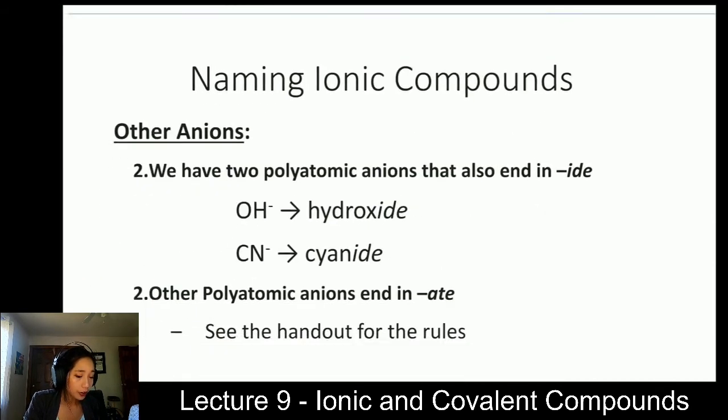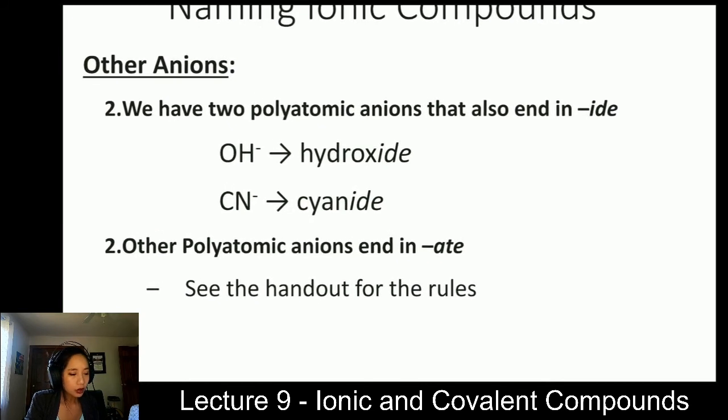There are some other anions that don't really follow this rule, and that's just with the polyatomic anions. There's only 2 that you need to know. That is OH minus. Polyatomic means that there's more than one atom present, so that OH is fused together. It's one species, and they move around together.